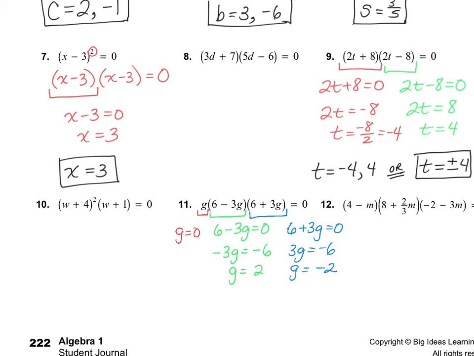So this time, this answer has 3 roots. G could equal 0, or it could equal positive 2 or negative 2. So I'm going to use that terminology again, plus or minus 2, because that's a little easier to write. FYI, since there are 3 roots this time, this is not going to look like a U-shaped graph.